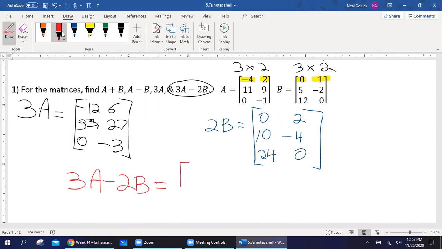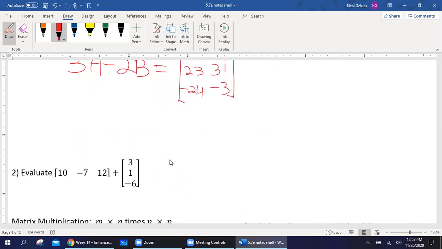I'm just taking these two matrices and subtracting them. So negative 12 minus 0, 6 minus 2, 33 minus 10, 27 minus negative 4, 0 minus 24, and negative 3 minus 0. So addition, subtraction, scalar multiplication, not terrible. Nothing crazy going on there.